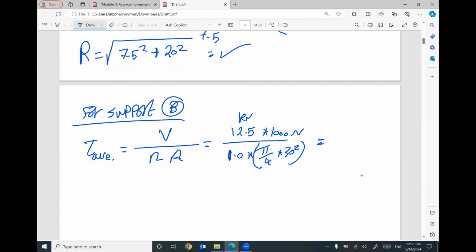So I can figure out the average shear stress at B. It will be 17.68 Newton per millimeter square or mega Pascal.